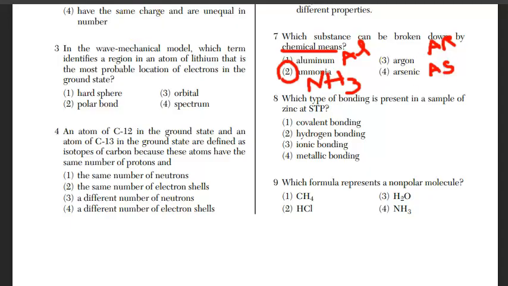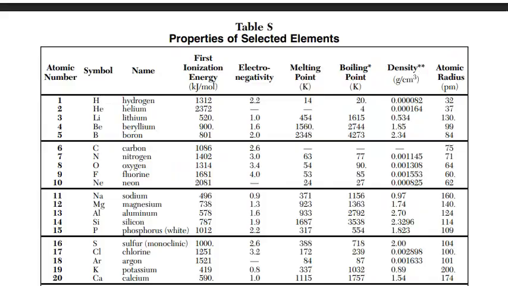And let me show you why. Reference table S gives you all of the symbols and then all of the names of the elements associated with the symbols. You could just have looked them up and realize then that ammonia is not on this list, is not on reference table S.